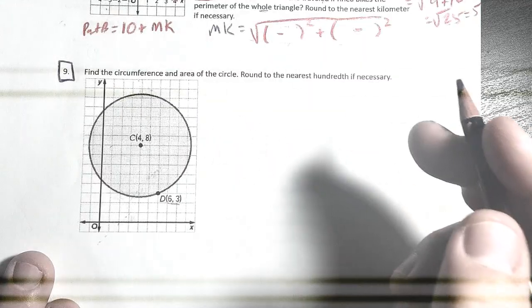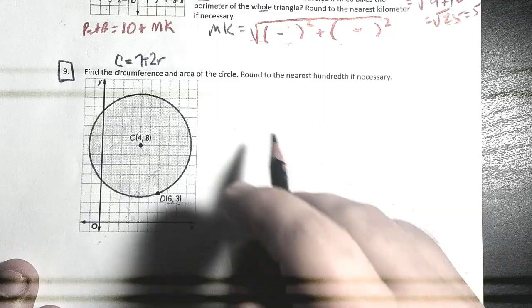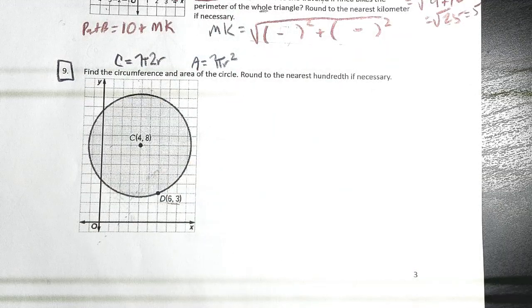So circumference is the same as perimeter, and it is on your reference sheet: 2 times pi times the radius, or you can write it that way, same thing. Area is pi r squared.